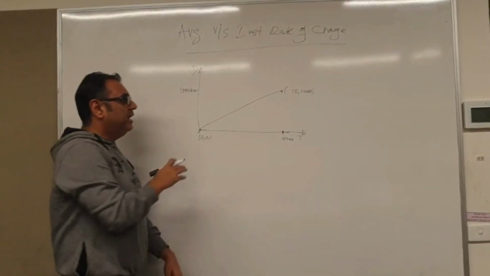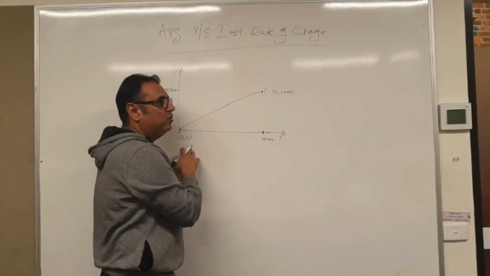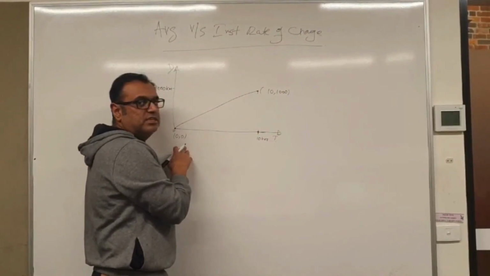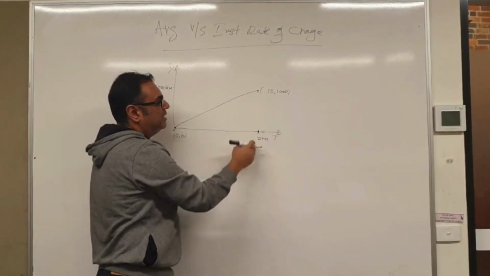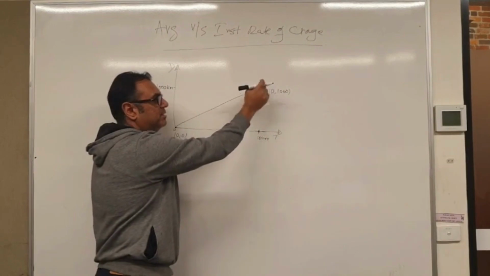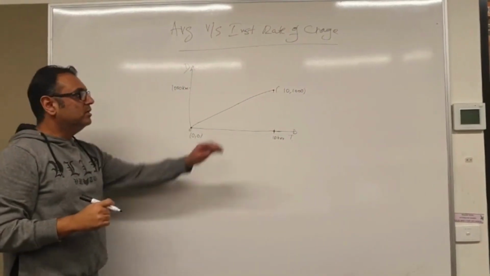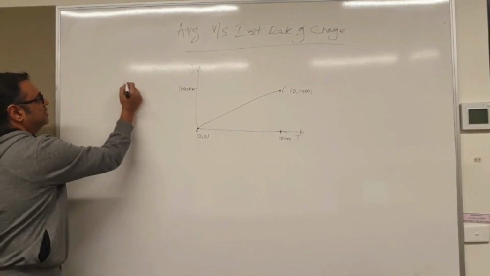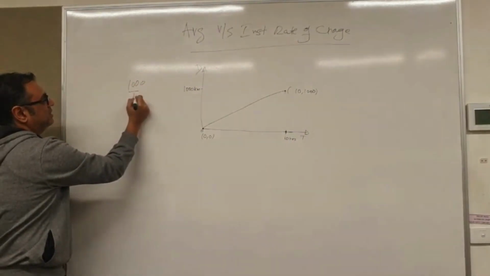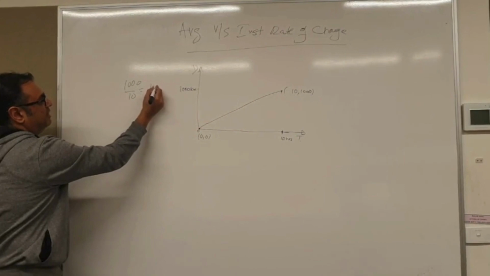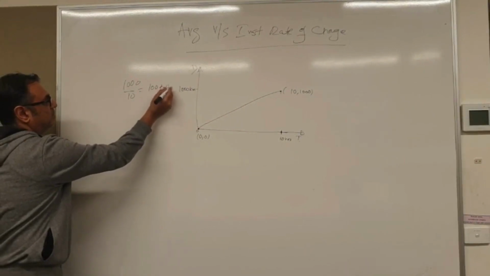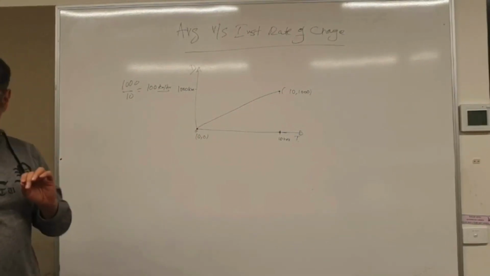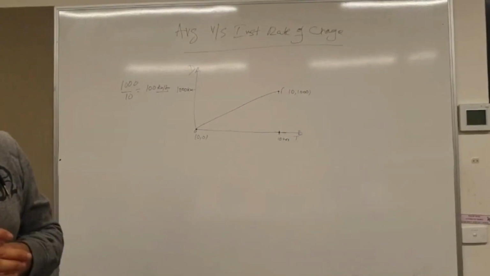So he said, okay, I started at my house at 6 a.m. and it took me 10 hours to reach my destination, which is 1,000 kilometers. So I spent 10 hours, I covered 1,000 kilometers, so that means 1,000 divided by 10, I must be driving at 100 kilometers an hour on an average. Correct?